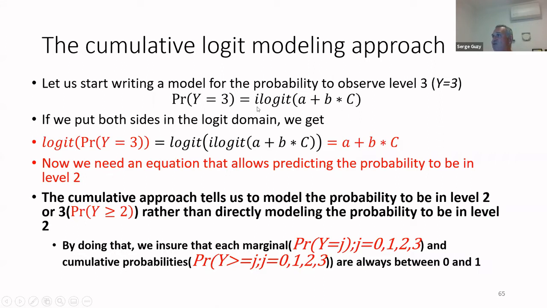Then the probability to get level 3 is equal to ilogit of A, that's called the intercept, plus B multiplied by C, where C is the predicted concentration that you can get from your PK model, okay?